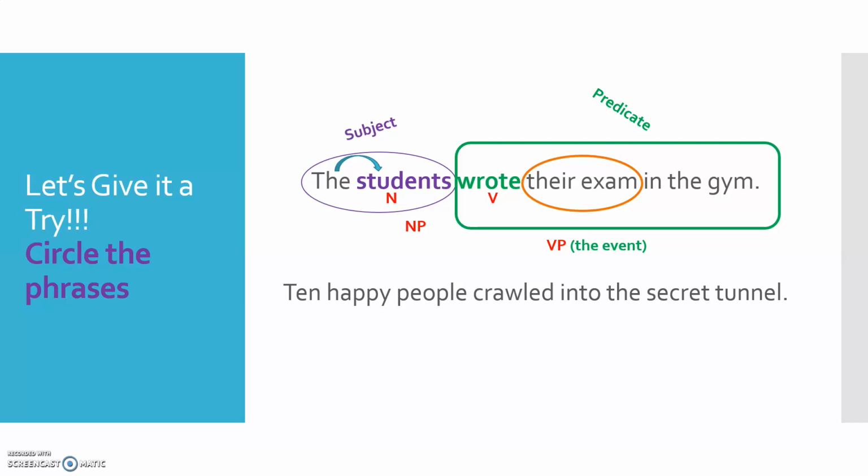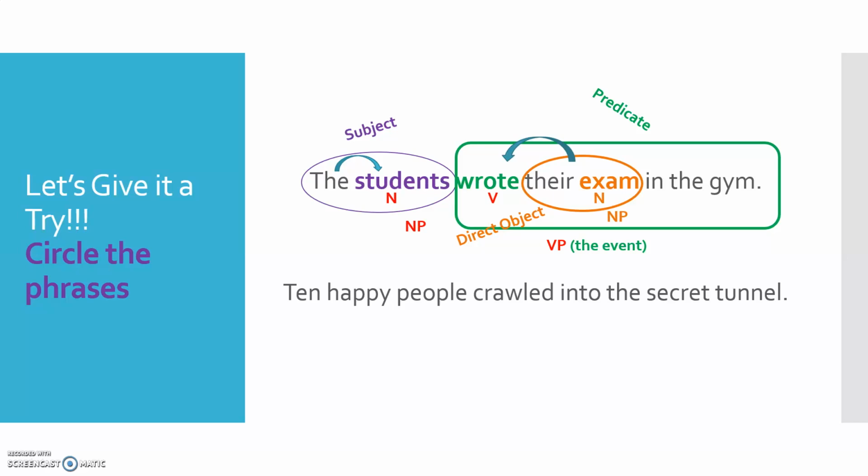So their exam, did you put a circle around their exam? Their exam is another noun phrase because exam is the head noun of this noun phrase. It's the thing that the students wrote, right? And if you have a noun phrase that comes directly after the main verb, this is typically what we call the direct object.